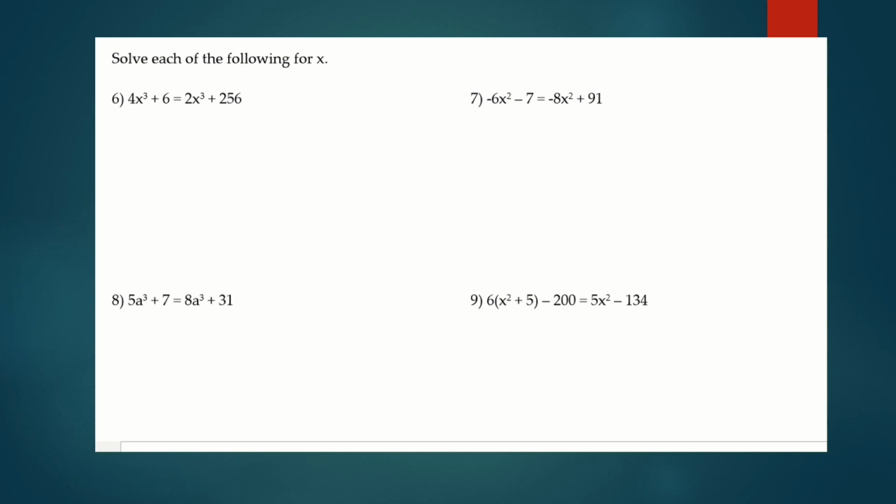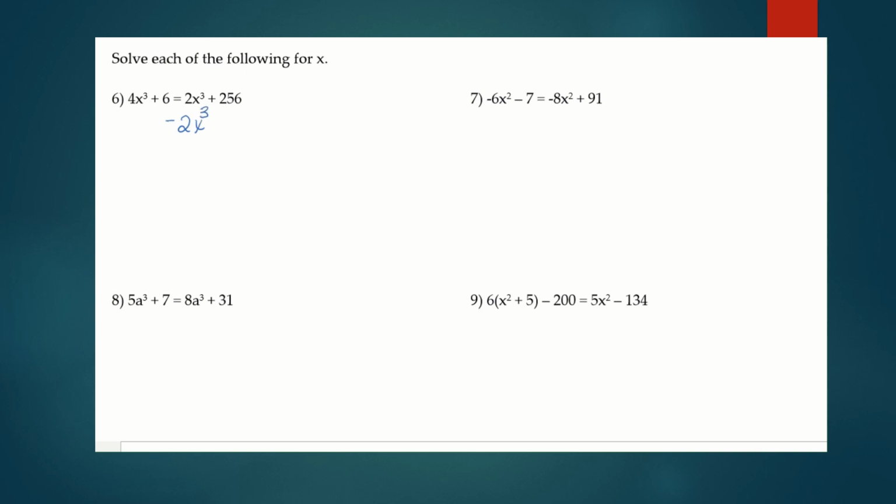We're going to get anything that has an x cubed to one side. Anything that's a constant, let's get to the other side. So looking at this equation in number 6, I'm going to bring 2x cubed to the other side using inverse operations.